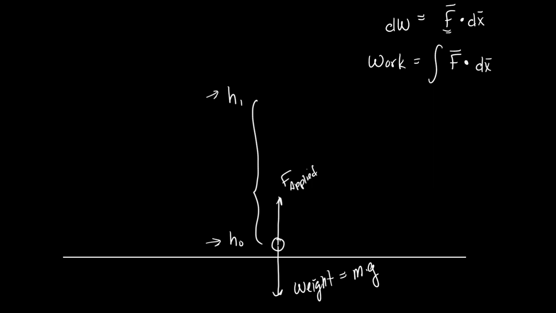Listen, so going back to this will be the amount of work required to lift the rock, a small amount, and I keep adding that up from here all the way to here. That's what this equals. In fact, I'm going to put on my limits, starting from H0, ending at H1. And I'm going to remind myself, this is not multiply. This is the dot product, right?